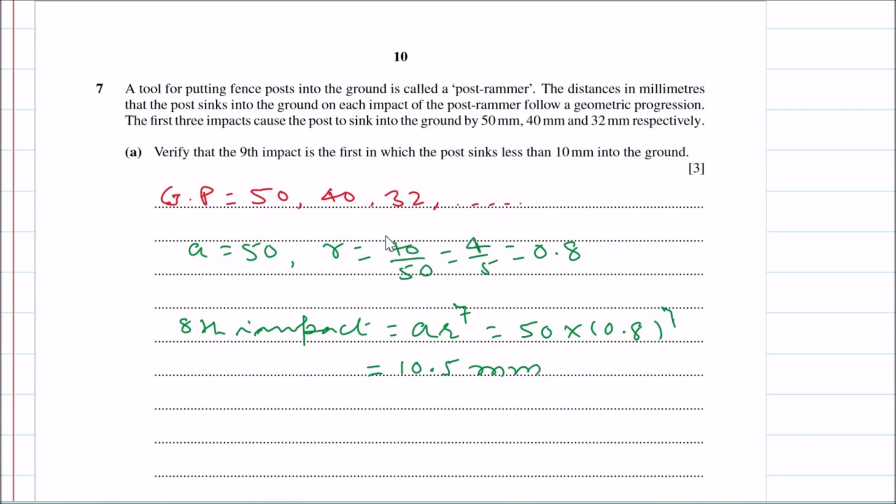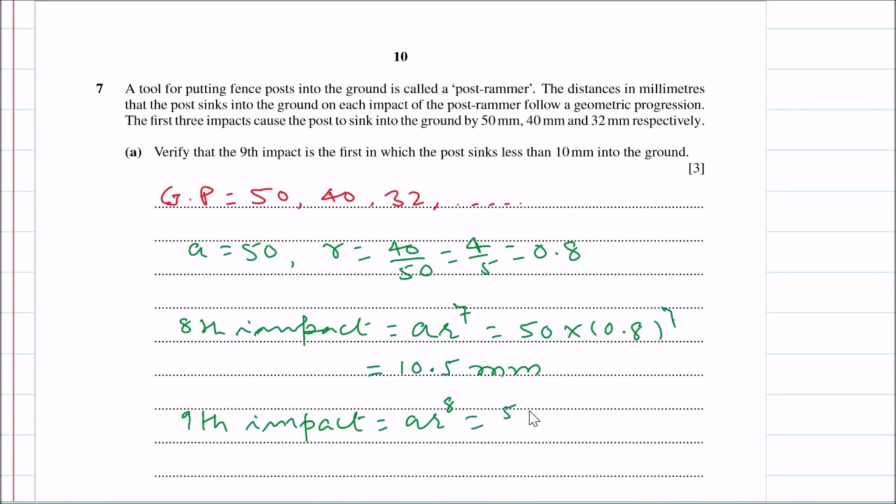We have to show that the ninth impact is the first in which the post sinks less than 10. So less than 10 we should get. So we'll try the next one. So let us find for the ninth impact. We'll get AR to the power 8.